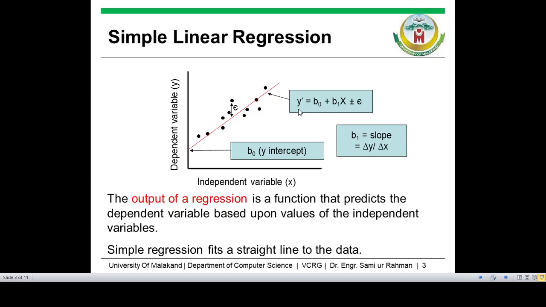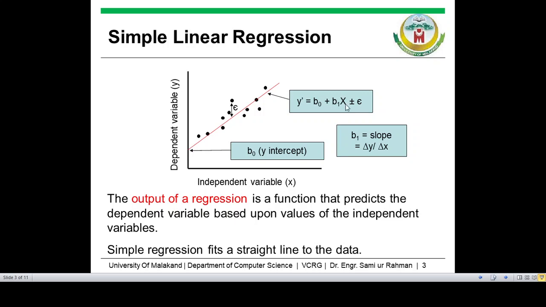This means that these observations can be represented through this line. Now again, what does this mean? This means that let's say for this sample the input is x and the output is this y. So this is the output and this x is the input.